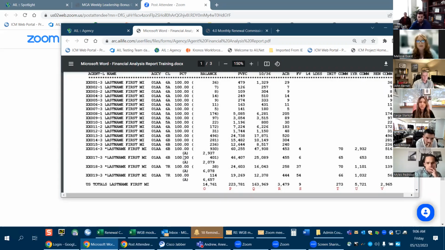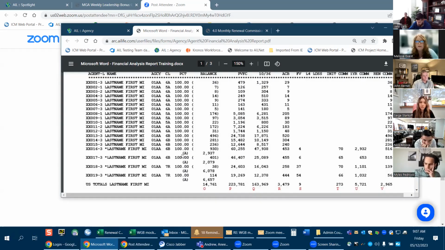If you're looking at the financial analysis report in Impact, it's going to list both the ledger and prepaid balances. The prepaid balance on the account is denoted with an A on the financial analysis report. In current state, those prepaid balances are not listed on the renewal commission report in ICM. We do plan to add them this year, but right now it's only the ledger balances.